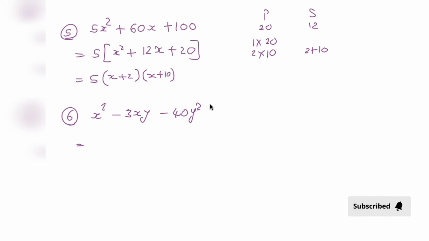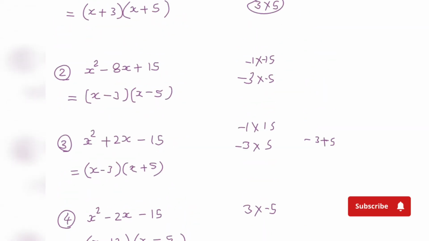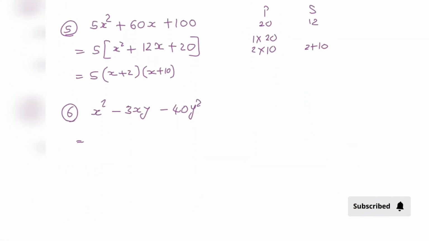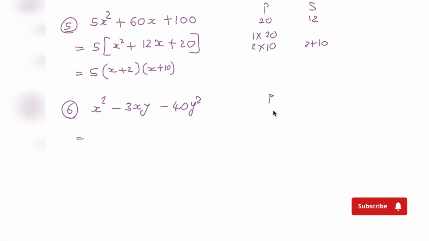Which option is it? The last one: product negative, sum negative, so the larger number is negative.